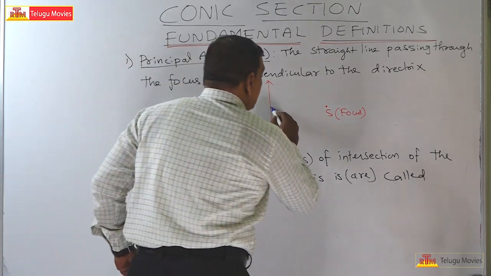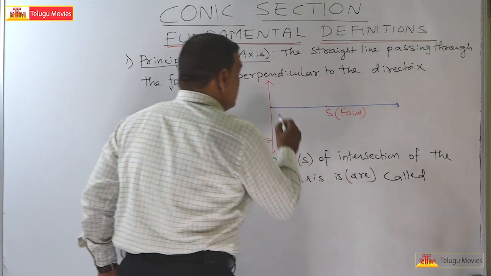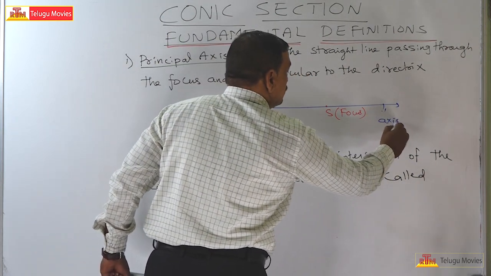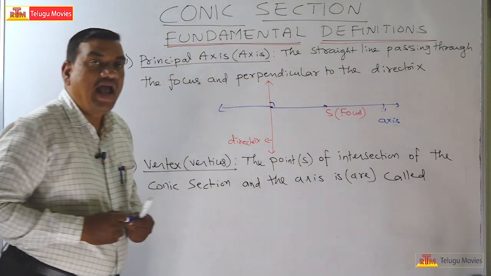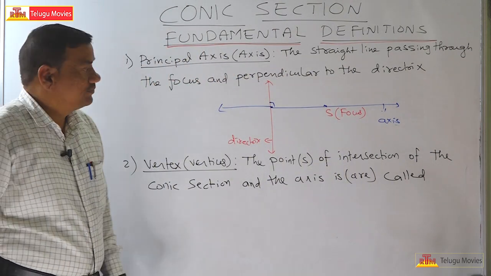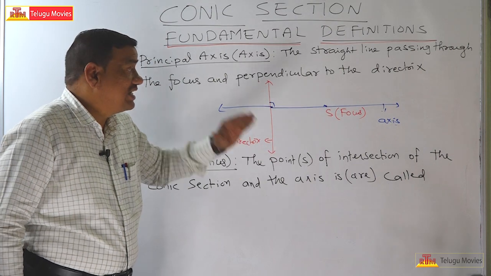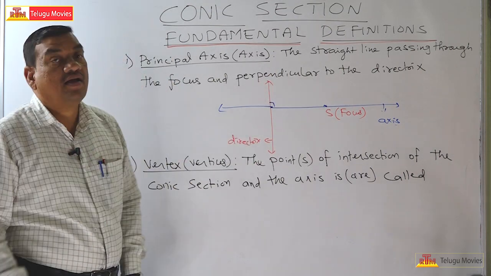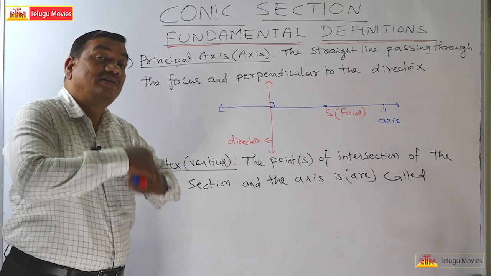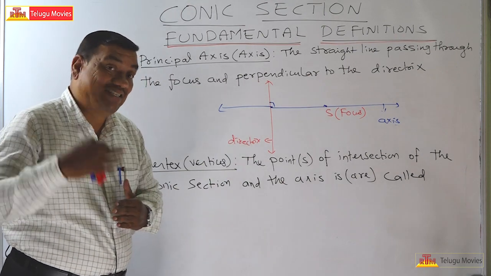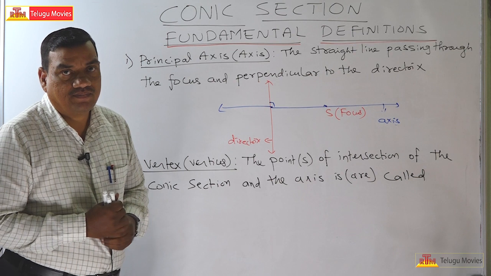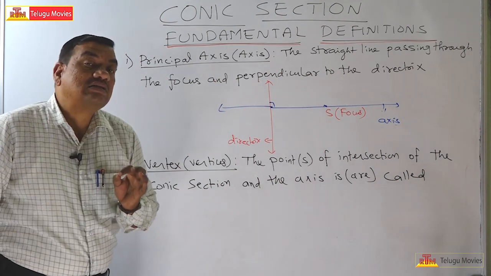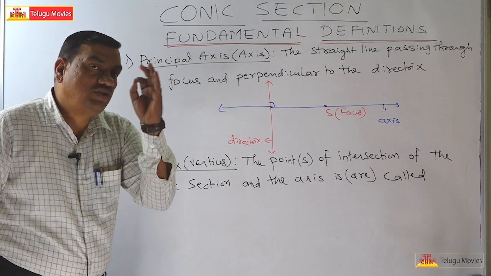So the axis of the conic section is a straight line passing through the focus or foci and perpendicular to the directrix or directrices. That line is called the principal axis, or simply the axis of the conic.